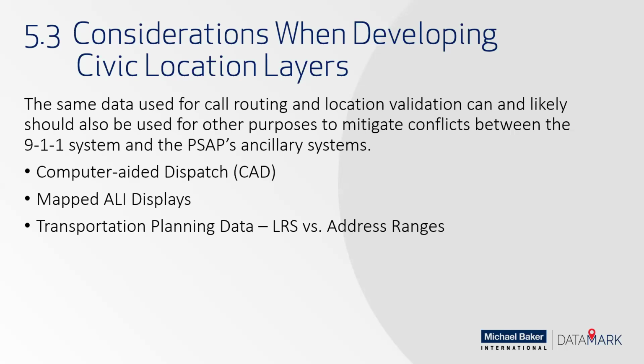And transportation planning data is another place where road centerlines are pretty critical. And there comes a little bit of a conflict. I don't know if it's really a conflict, but two different ways to kind of see those. An LRS, or a linear referencing system, if you're not familiar with that, is used in transportation systems, is used in construction.